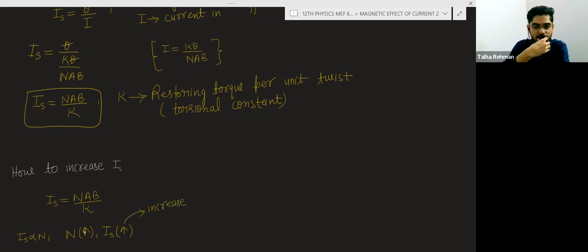But you can only increase the number of turns to a certain limit. Why? Because when you are increasing the number of turns, the length of the wire is increasing. Again you are winding the wire. So length of the wire is increasing, means the resistance of the coil will increase. If the resistance increases, then the current sensitivity will decrease.